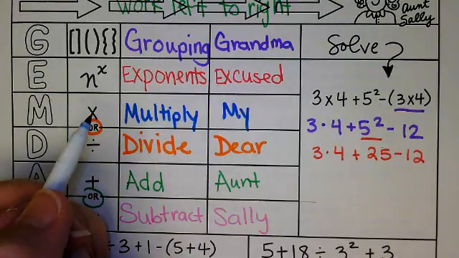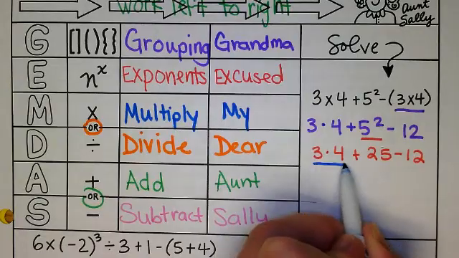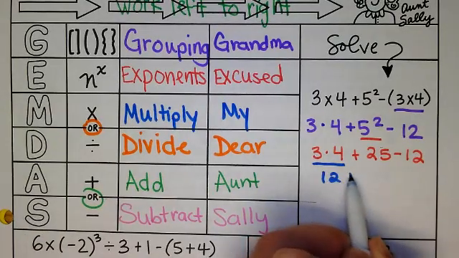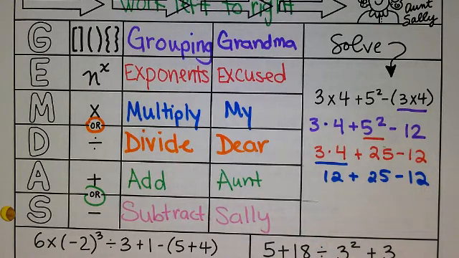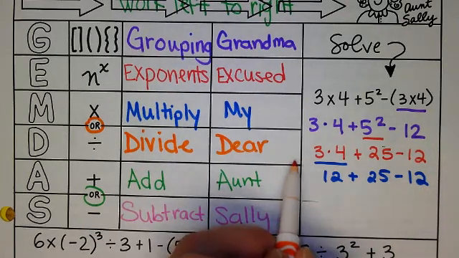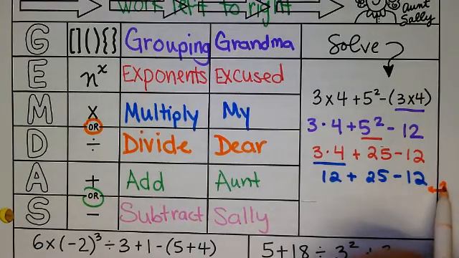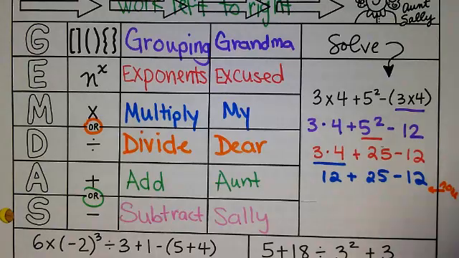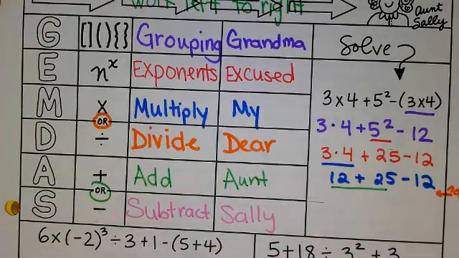And now we are moving on to multiply or divide. I only see multiplying, which is good, so I don't have to worry about which one to do first. There's no division, so I'm going to put that reminder in there, none. And then I have addition, which does come first, but if it didn't, it wouldn't matter.